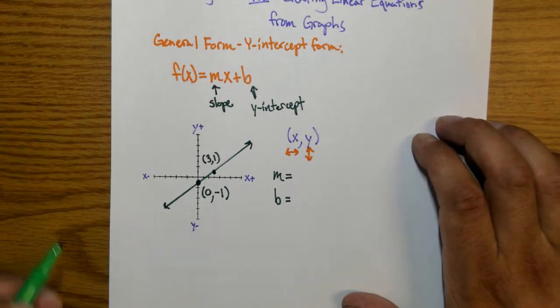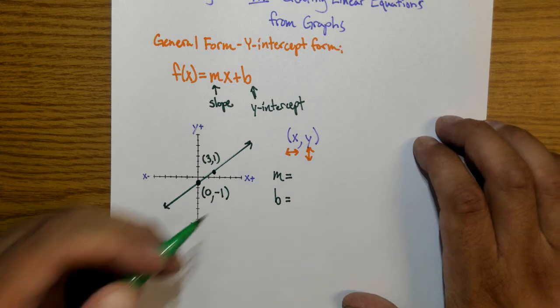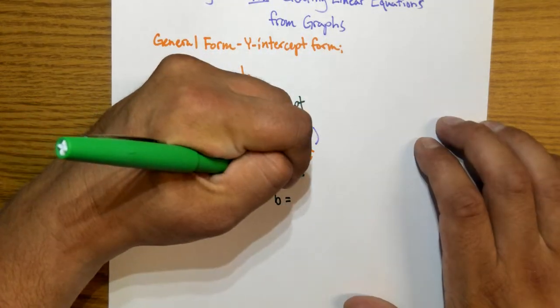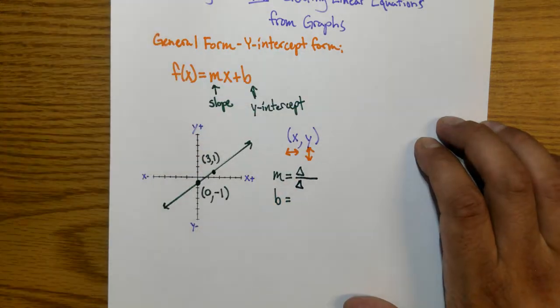Well, m is our rise over run, and I'm going to use this notation. You may have seen it. It's a little triangle. It's delta. It means the change of.